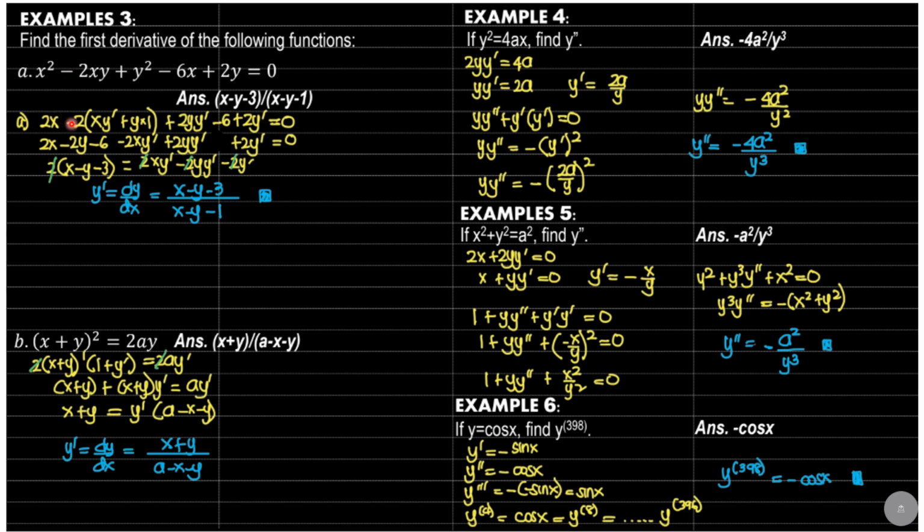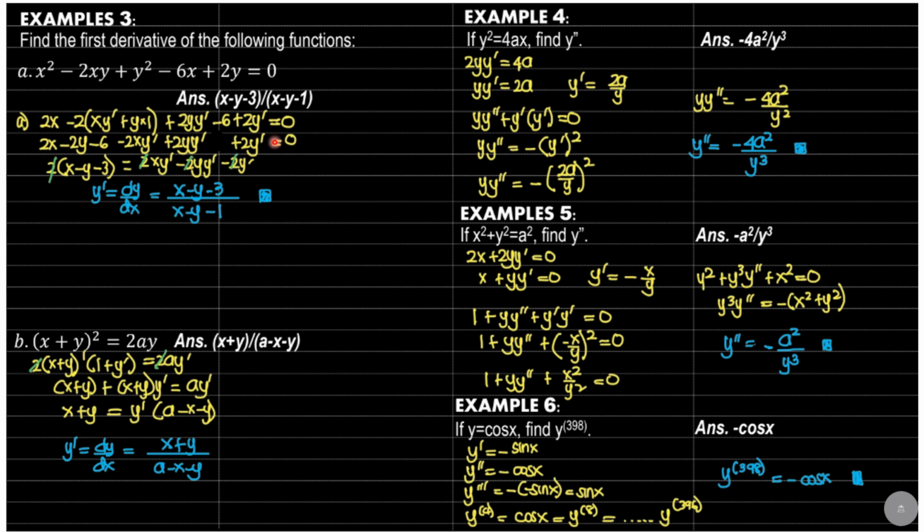Then this is minus 2 derivative of product. Derivative of product is first x, derivative of y prime, plus second y, derivative of x, 1, close. The plus derivative of y squared, which is 2y dy dx or 2y y prime, minus 6 derivative of x is 1, so minus 6, and plus 2y prime equals 0.